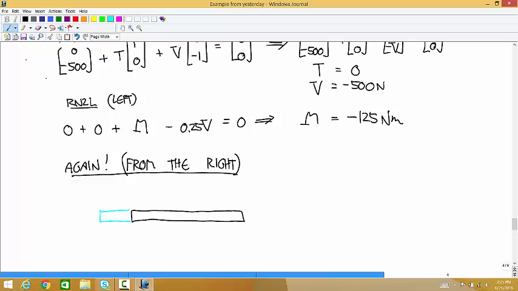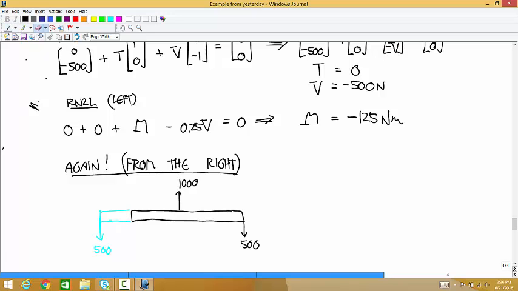Okay, so they're the external loads. And now the face where we're trying to calculate these internal loads is pointing towards the left.